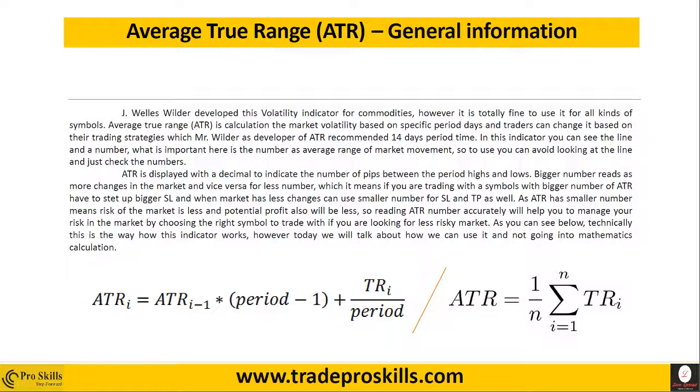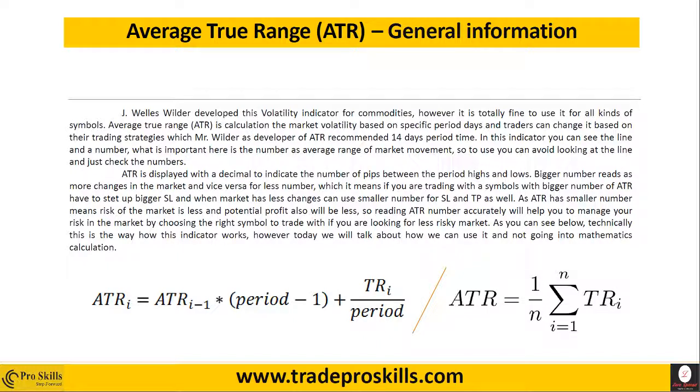In this indicator you can see a line and a number. We will show you on the live chart. What is important here is the number as the average range of the markets. So you can avoid looking at the line and just check the number.